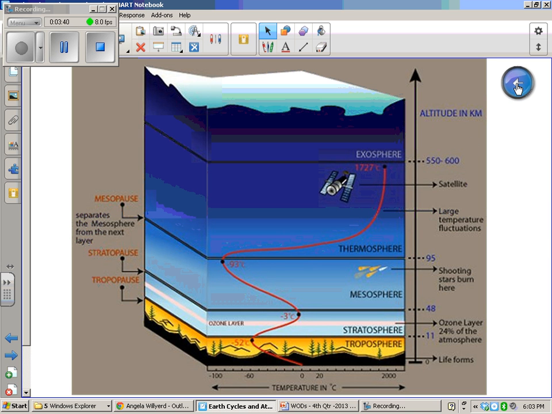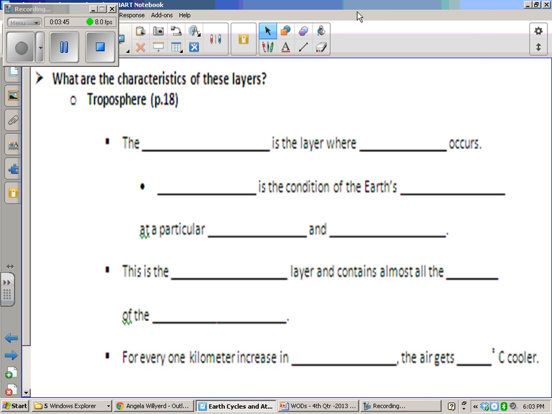So let's go ahead and talk about these different layers of the atmosphere. We're going to first talk about the troposphere, which is on page 18. So turn your books to page 18. And the troposphere is the layer where weather occurs.